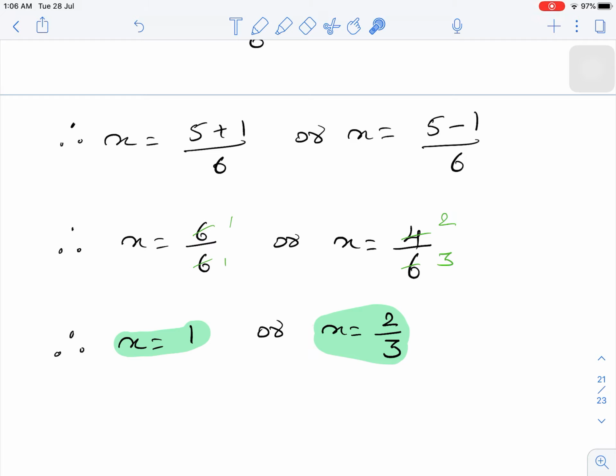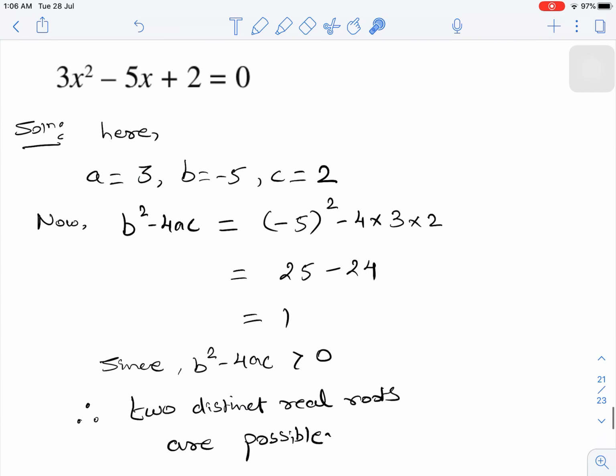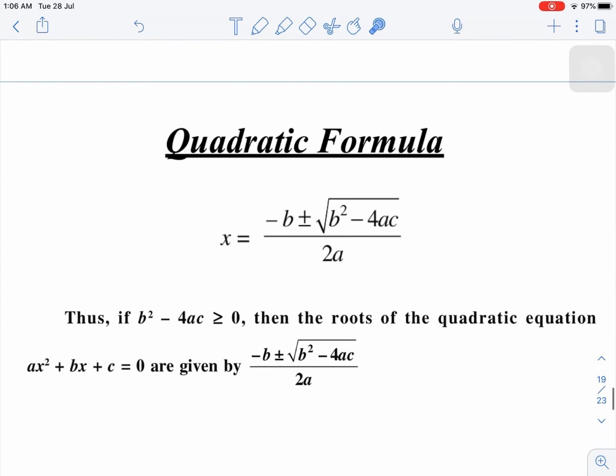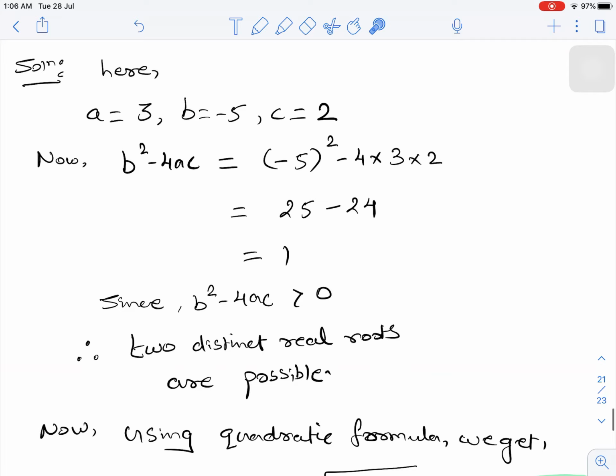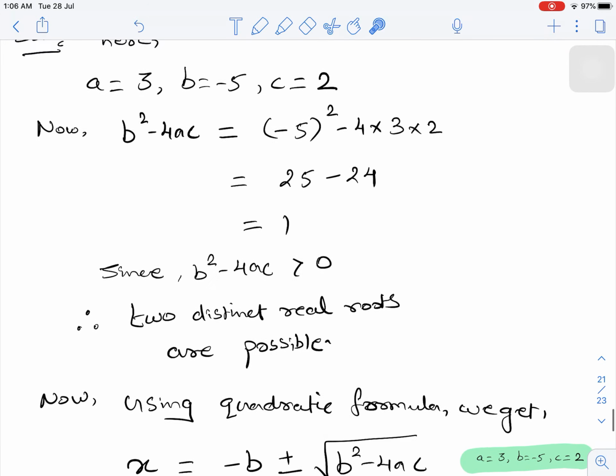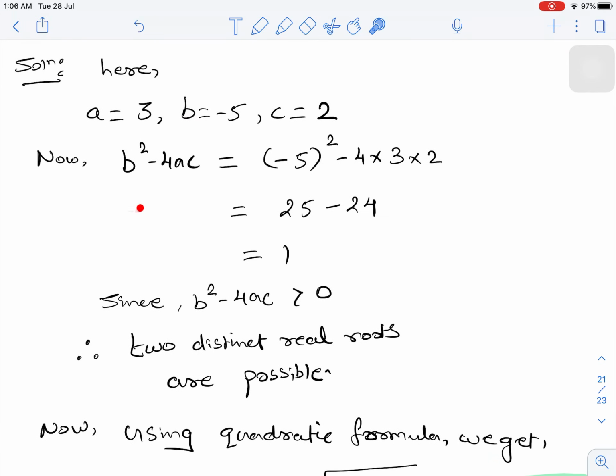So in this way we can find the roots of the equation by using the quadratic formula. For finding the roots, first we have to find the value of b square minus 4ac. Then we have to decide whether this value is smaller than 0, equal to 0 or greater than 0.